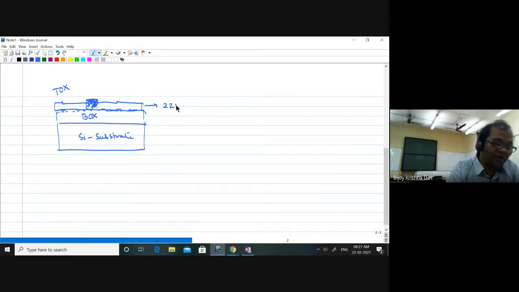Typically we have 220 nanometer, and depending on the width you are using, you may remove maybe 50, 60, or 100 nanometer, or you can completely remove this region. If you remove it completely, you can think like this.